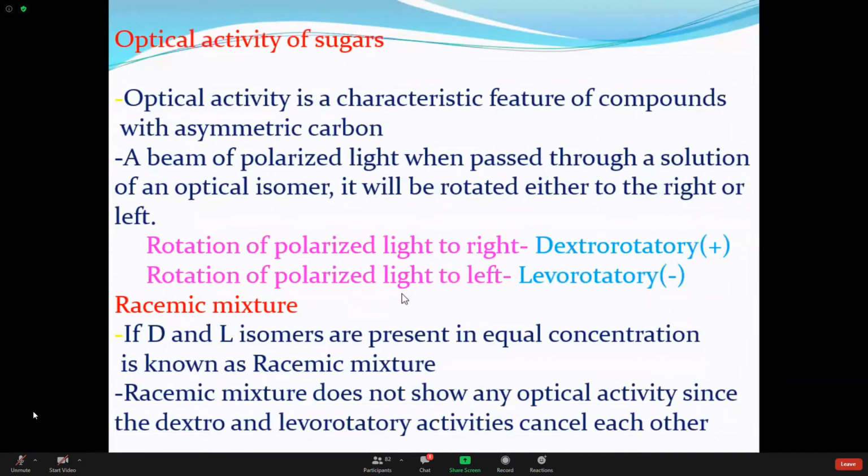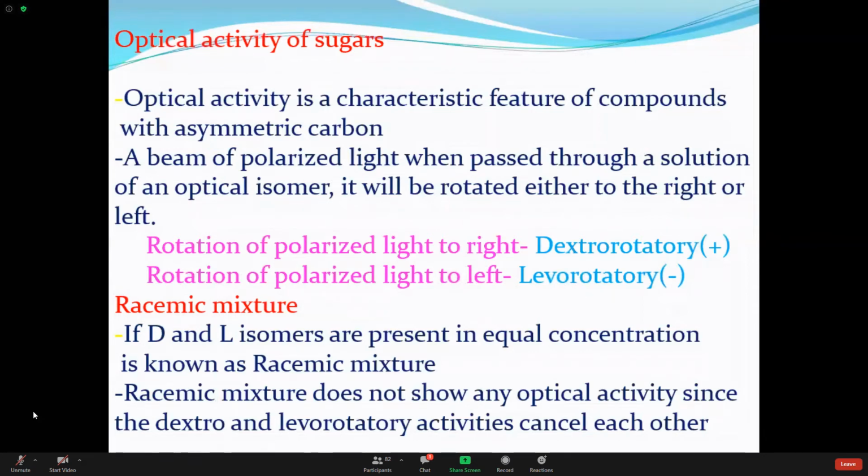Now, when the polarized light rotates to the right side, that is the dextro variety of sugar, or plus. When the polarized light rotates to your left side, that is called a levorotatory sugar. Understand?